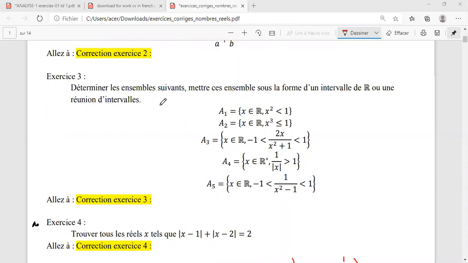Okay, the first thing you have to look at when you are solving such questions is to ask yourself, what's a real number? How do you define a real number? We define a real number by looking at all the elements from negative infinity up to positive infinity.